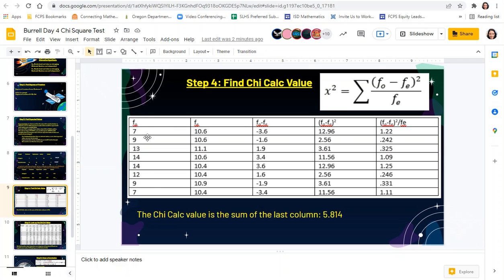These are all observed values and expected values. You subtract them, so 7 minus 10.6 is negative 3.6. Subtracting is not hard. You square that number, so negative 3.6 squared is 12.96. And then you divide it by its expected value over here. All of those things are easy to do. They just take a little bit of time.